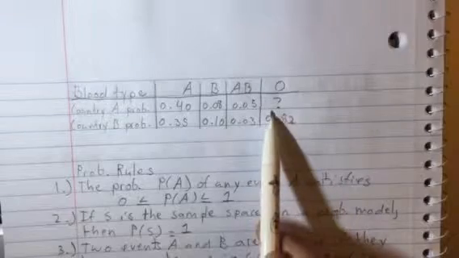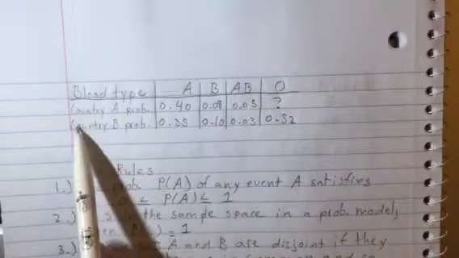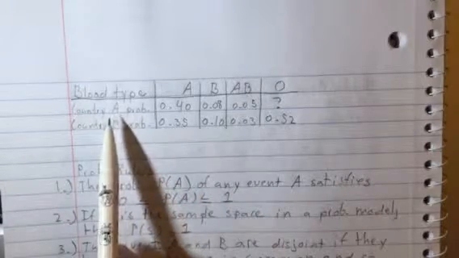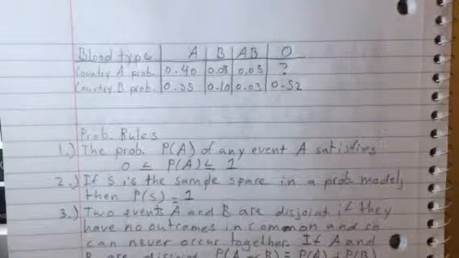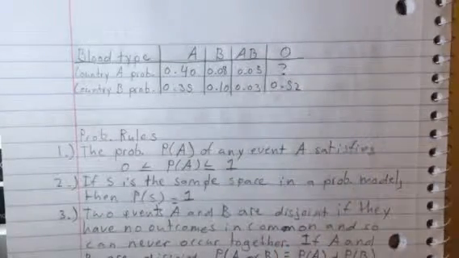Then O, we have to figure out. For this purpose, you can ignore the country B probability column, because people in country A and country B, let's treat them as independent of each other. We want to figure out what goes in this spot right here.